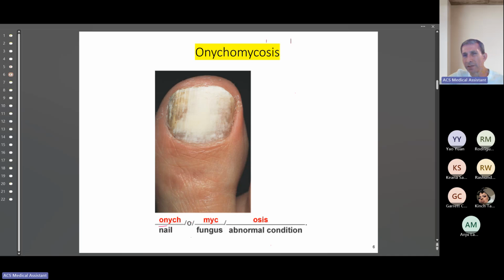So we're gonna do the suffix, osis. This is 1. Oh, myco. This is 2. Oh, this is the combining vowel, is 3. Then we have onyx. This is 4. Yeah, but what about the combining form? The combining vowel and the word root. Now we have here the combining form.